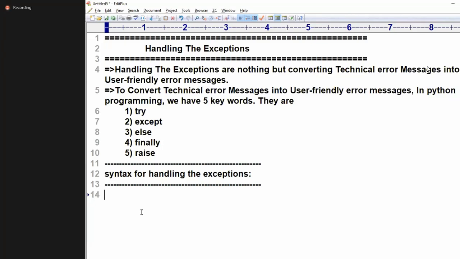Can you tell me some of the universal problems? Some of the universal problems are zero division error, value error, type error, key error, name error. Like that, all of them are called what?